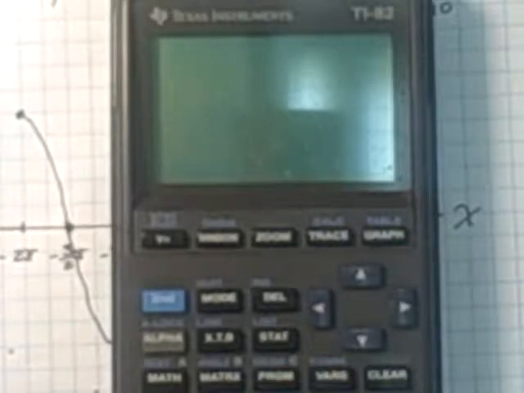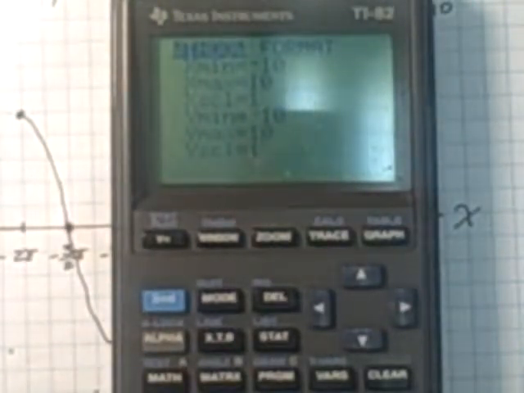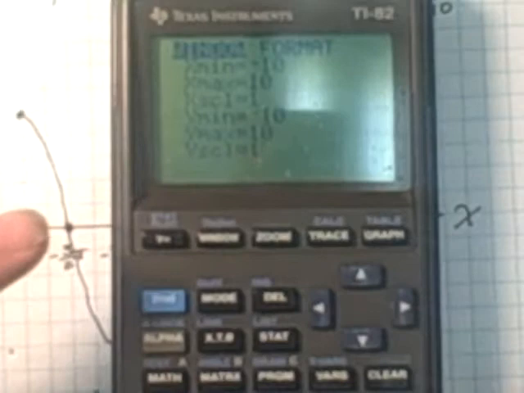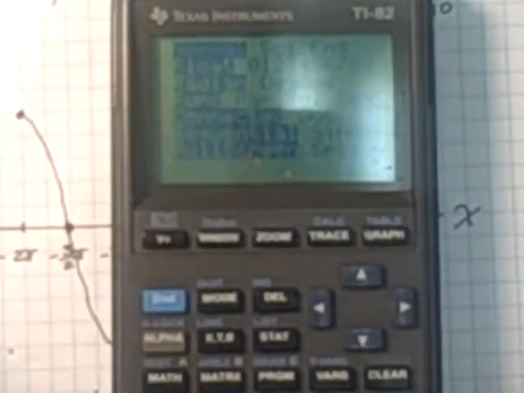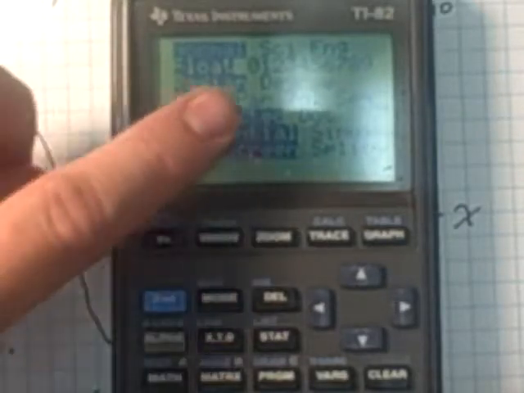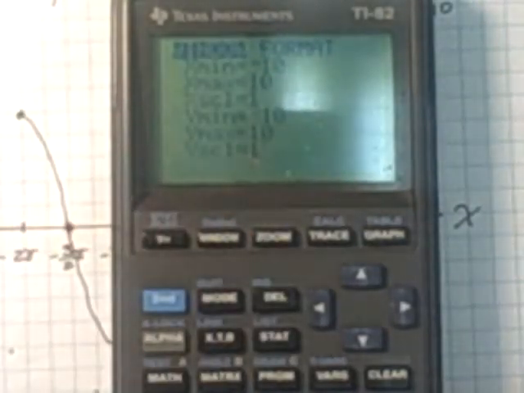It shows the grid. So what I'm going to do is, first of all, you have to go into your window. Okay. Well, there's my window there. And you see that it's set differently. So let's actually go to mode here and make sure that we have radians this time. See that radians there are what we're going to use instead of degrees. So I'm going to go into window, and I'm going to have to set up, what is my x minimum? Well, it's going to be negative 2 pi radians.